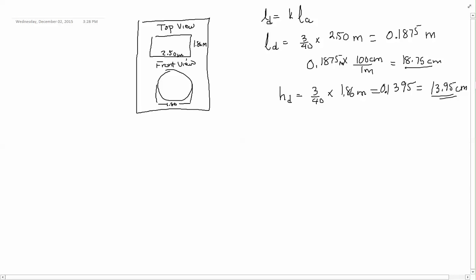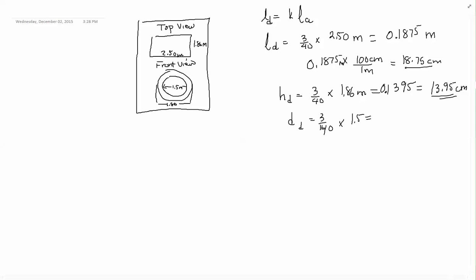And then we have our inner, which is 1.5. So this is 1.5 meters. And so we find the inner diameter on our drawing by 3 over 40 times 1.5 meters. So 3 times 1.5 divided by 40.